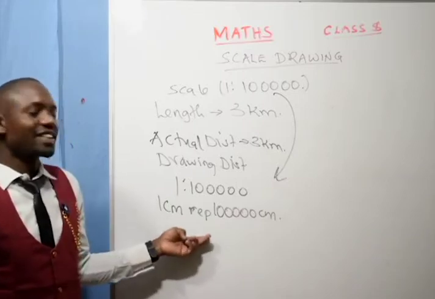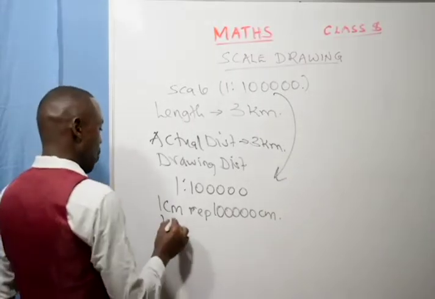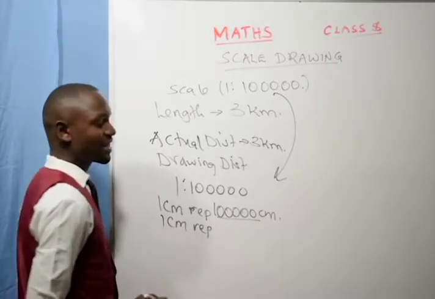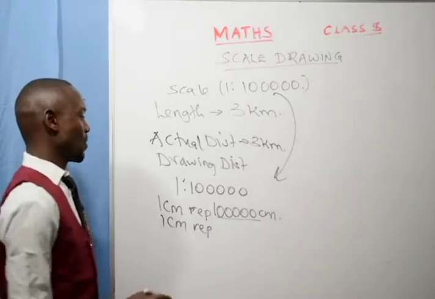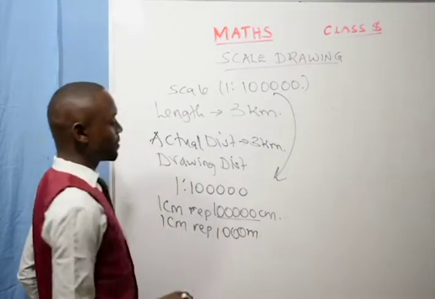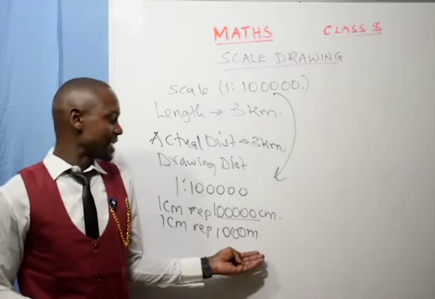This scale can be written in terms of meters: 100,000 centimeters is the same as 1,000 meters. So 1 centimeter represents 1,000 meters.